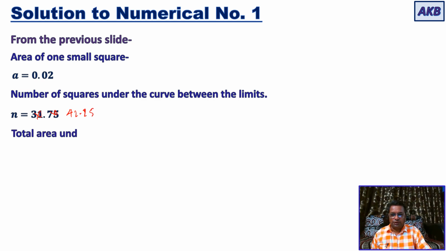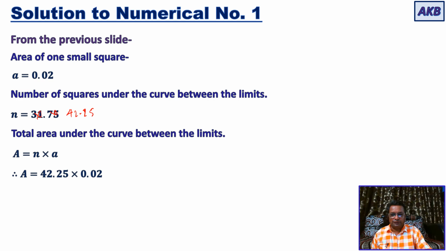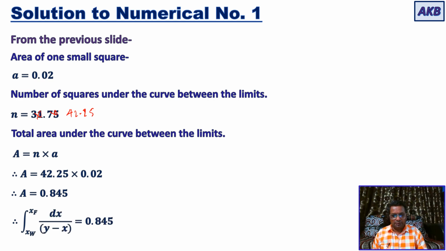Therefore the total area under the curve between the limits will be n into a, that is 42.25 into 0.02, which comes out to be 0.845. So the area under the curve between the limits xf and xw is 0.845. That is nothing but the value of the integral, so the integral of dx upon y minus x from xw to xf is 0.845.